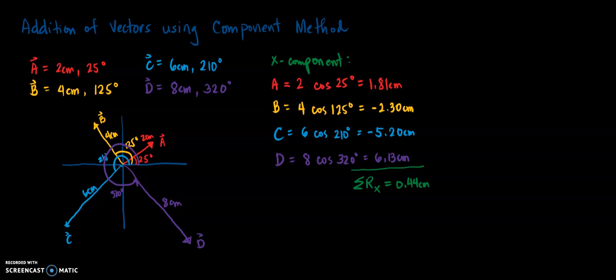Okay, next, compute this time the y component. Let's start with vector A. This time we will use the sine function. That is the magnitude of vector A multiplied by the sine of 25 degrees.